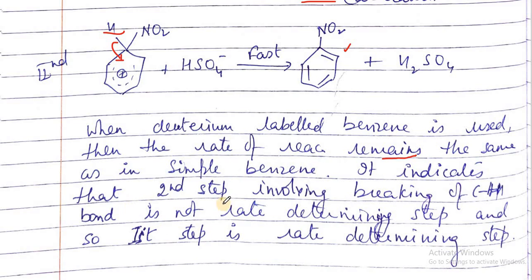It indicates that the CH bond is breaking in the second step only. So this is not a rate determining step, and so the first step is the rate determining step. So we can easily determine by isotopic effect whether the reaction which involves the breaking of carbon and deuterium or carbon and isotope is a rate determining step or not.